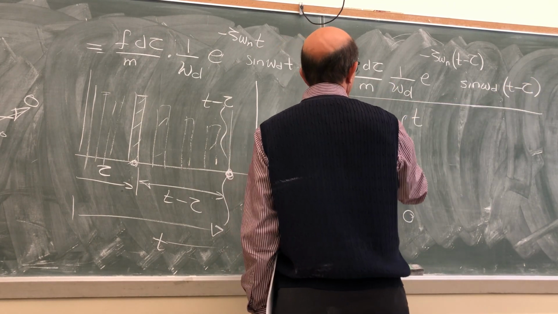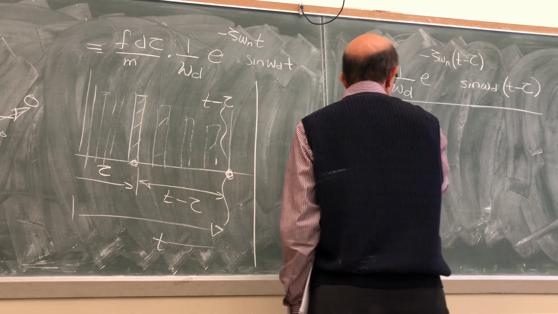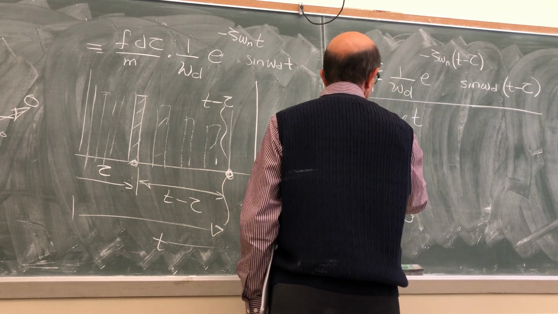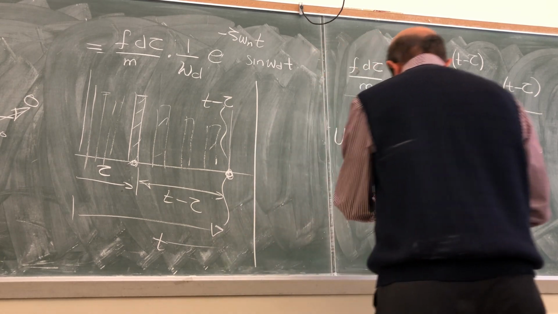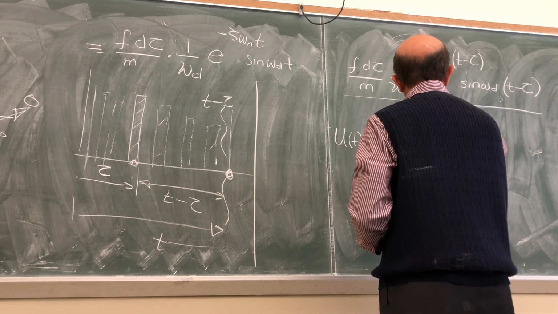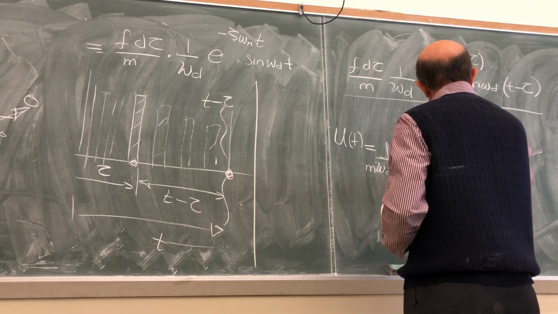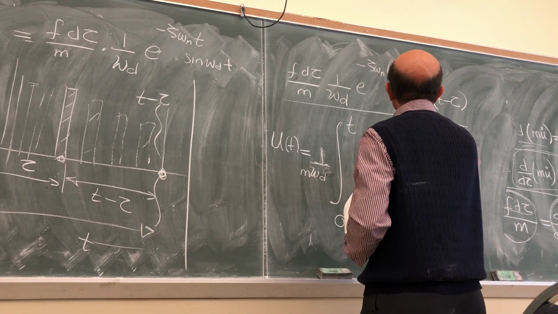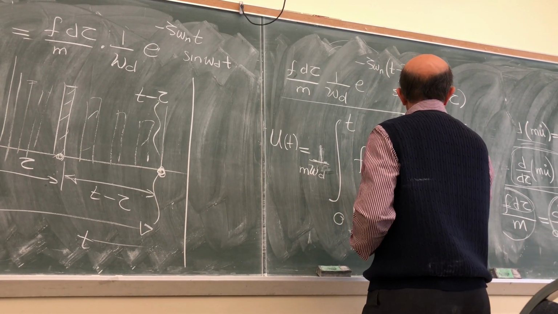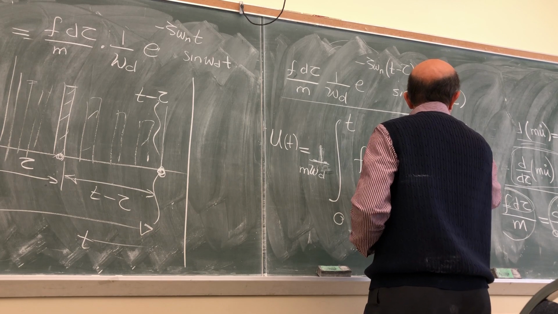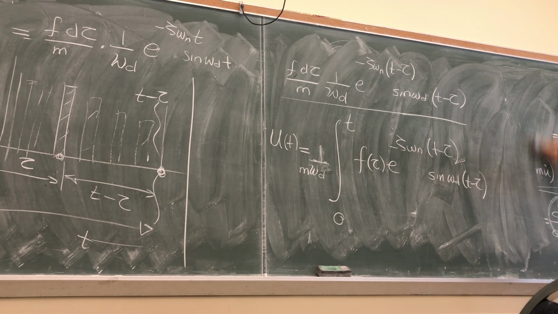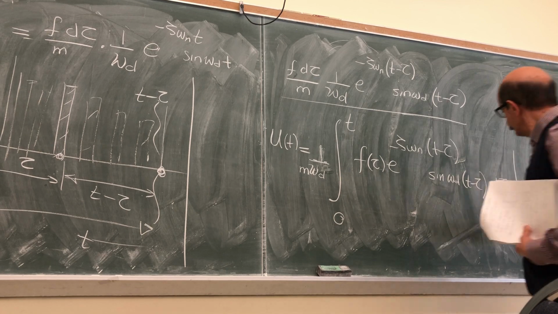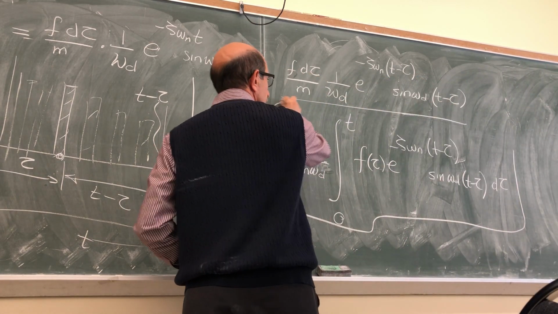I will take 1 over m omega d, which are constants, out. So I will just have F of tau, e to the minus zeta omega n (t minus tau), sine omega d (t minus tau), d tau. This is called the Duhamel integral.